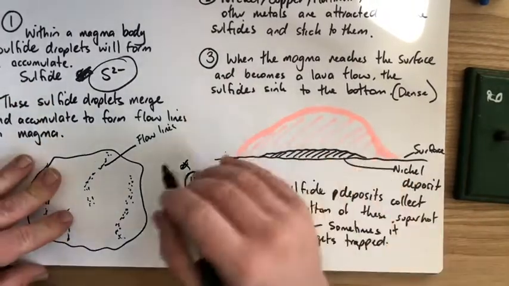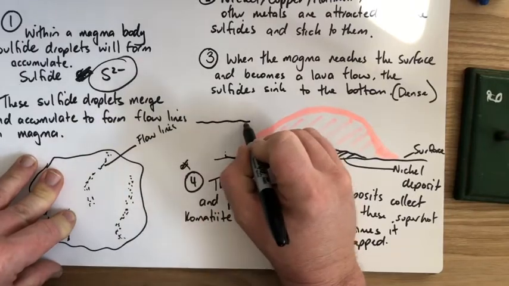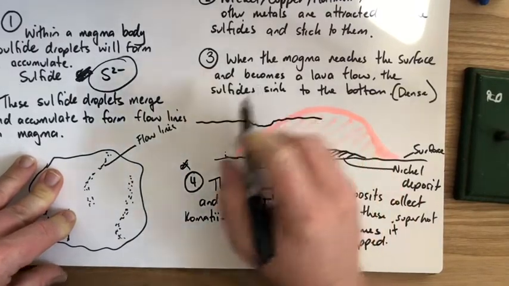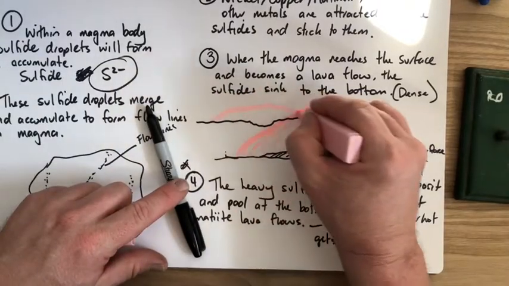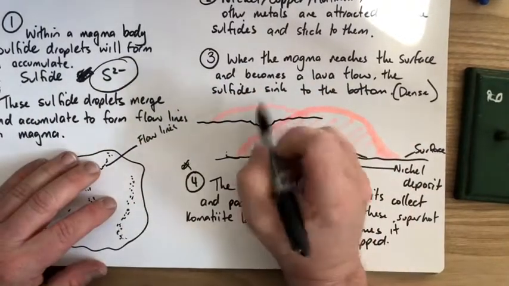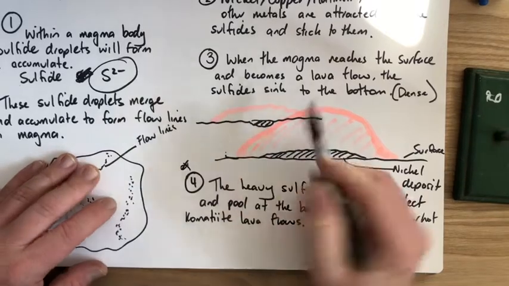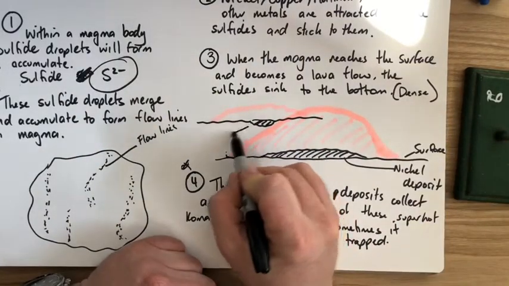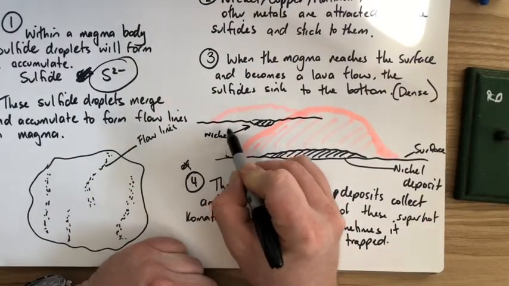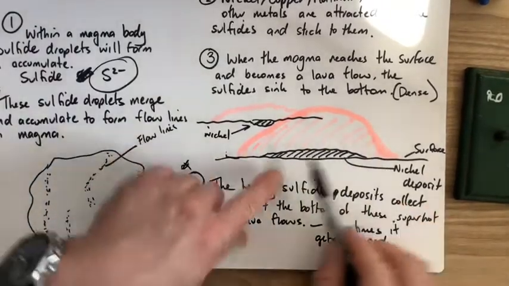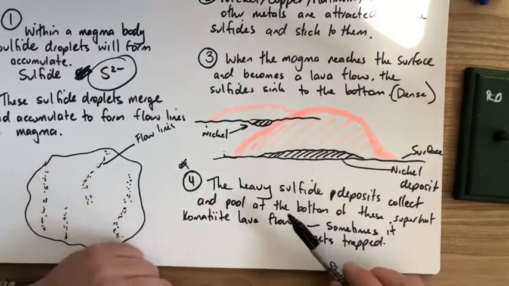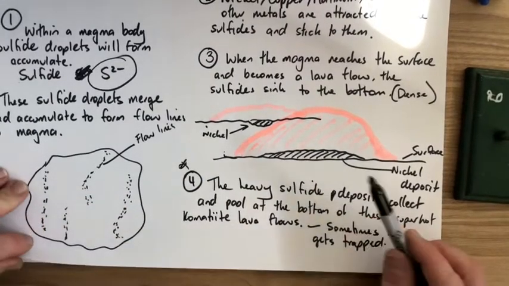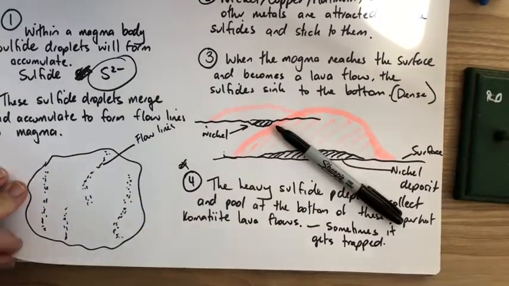And if I can draw another sample of one over here, sometimes you even see little channel depressions, where lava flow will be sitting over the top, and just in these little channels we will have our nickel deposits. But what's important to know is that our nickel forms at the base of these lava flows. All right, let's keep going.